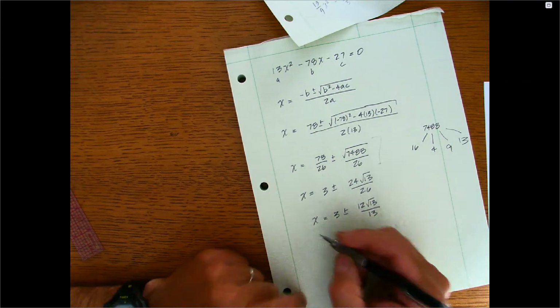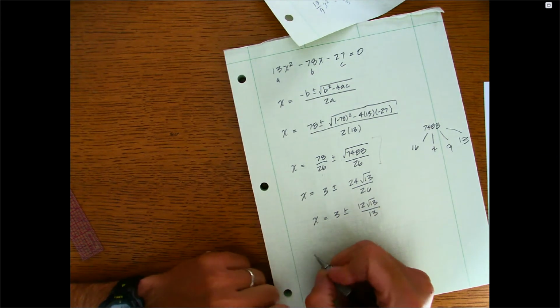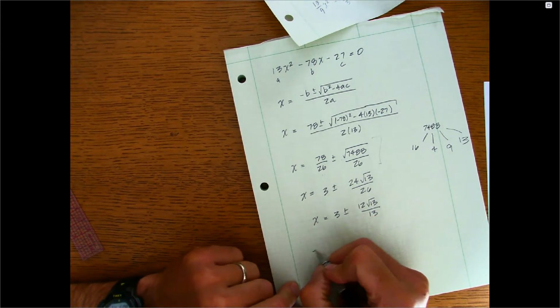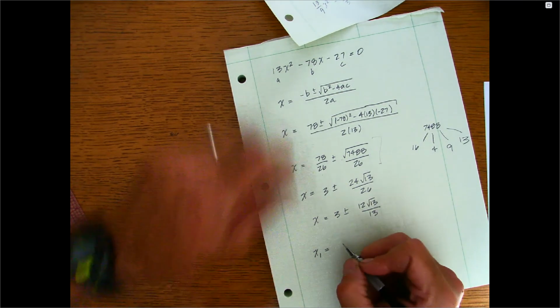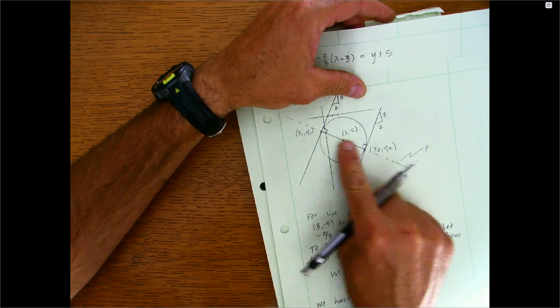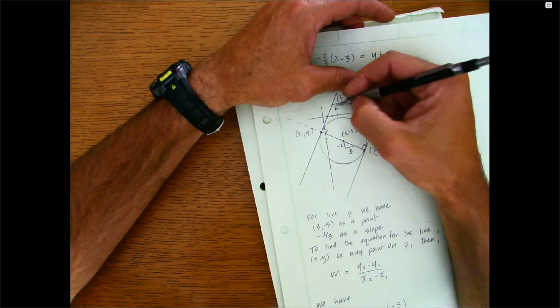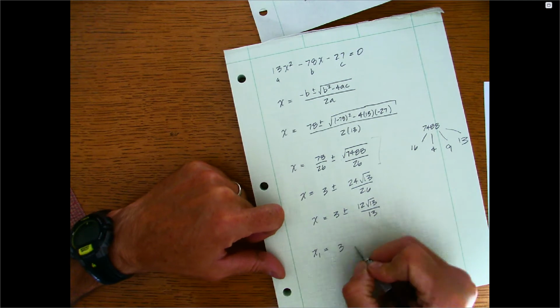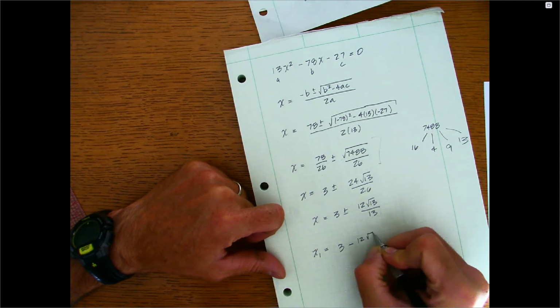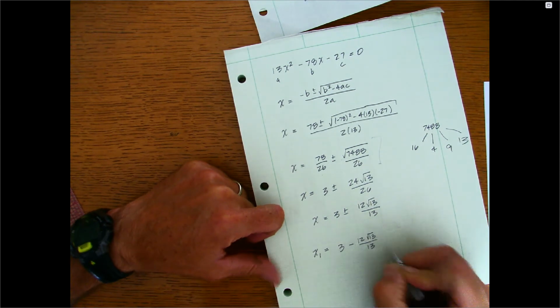We need to find the y value of the coordinates. So let's see. x sub 1 is going to be equal to, let's think about this. If we're back here, and 3 is the midpoint, sort of, we must subtract to get back there. So it must be 3 minus 12 root 13 over 13.